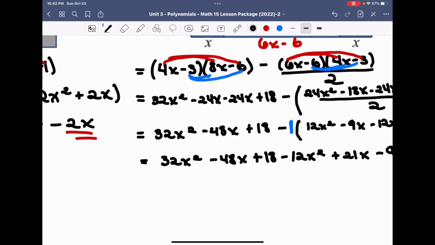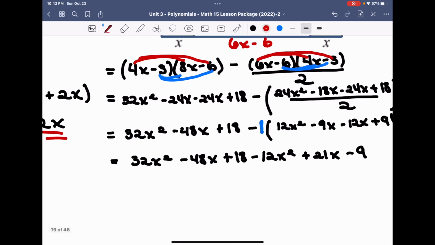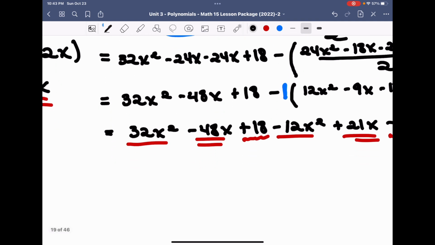Here's where the organization is very, very important. All my x squared terms are going to have a single underline, x terms with the double underline, and a squiggle for the constants. Okay, my x squareds come together to make 32 minus 12, which is equal to 20x squared.